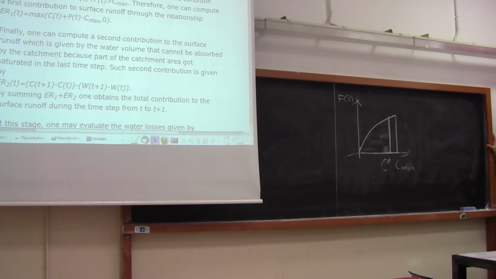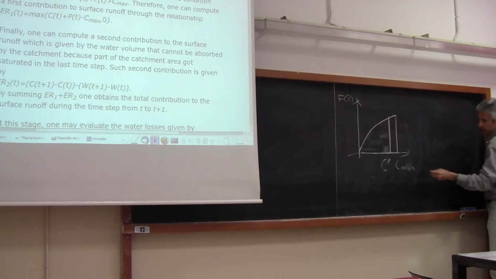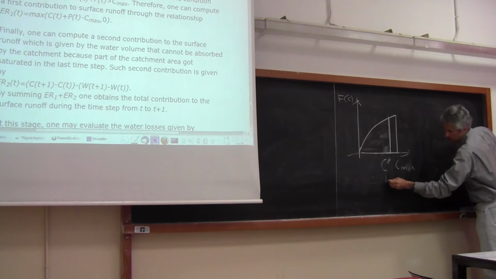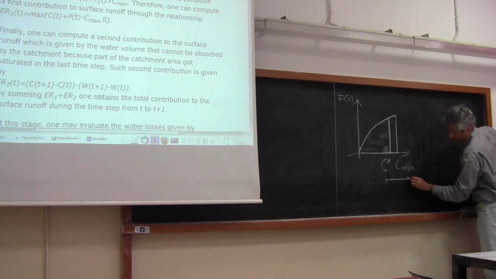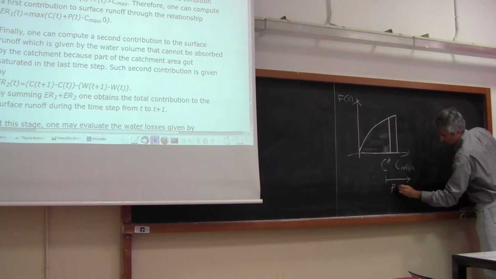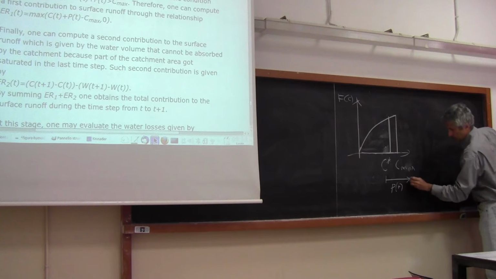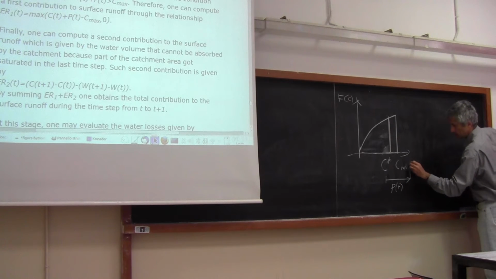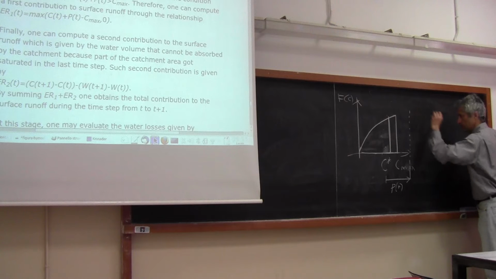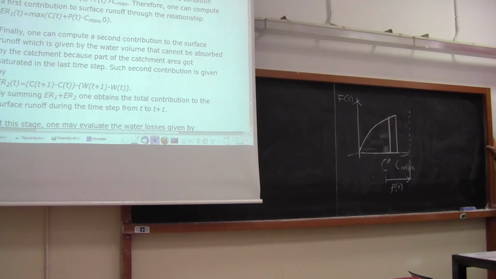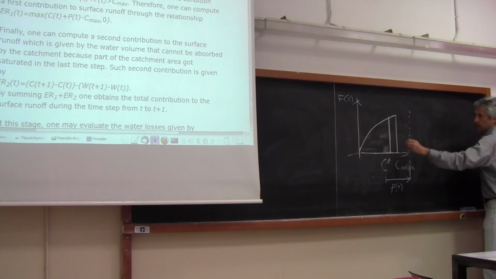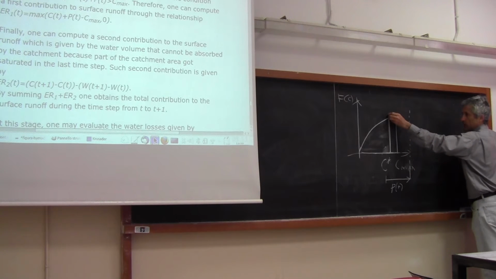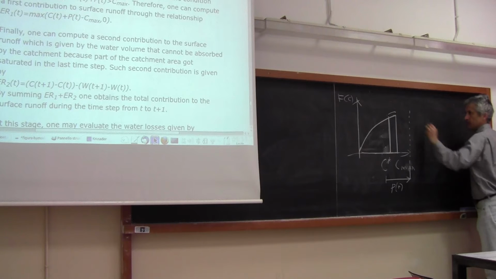I give you time to see. So we are still below saturation, but then let's suppose that P is equal to this one. This is PT. Okay? So what happens when it rains this quantity P? Basically, you get to saturation.